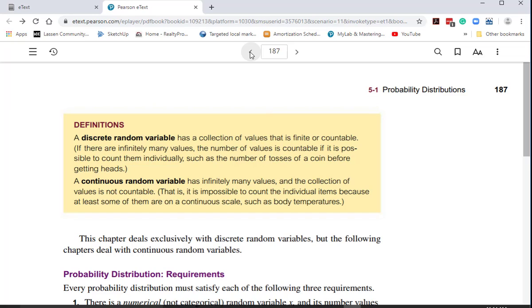So, discrete random variables. First of all, I've got to tell you what a random variable is. We know what a variable is, right? When you use a variable in algebra, you can always put a number into it.